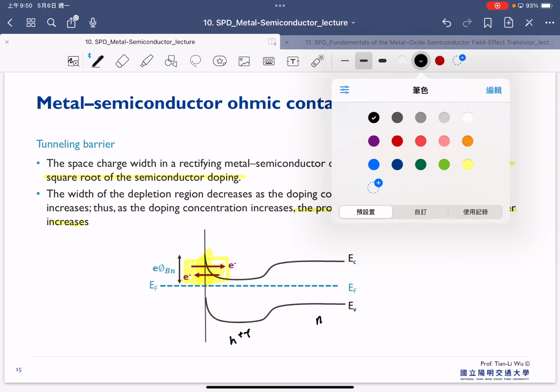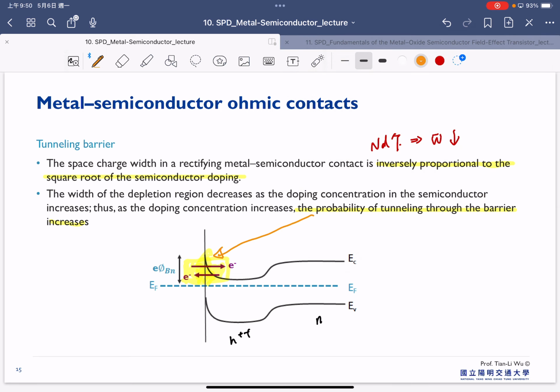Even though it doesn't have exactly the ohmic contact characteristic, it still has the barrier height here. But because right now the depletion width of the barrier here is narrow, therefore the tunneling probability is increased.